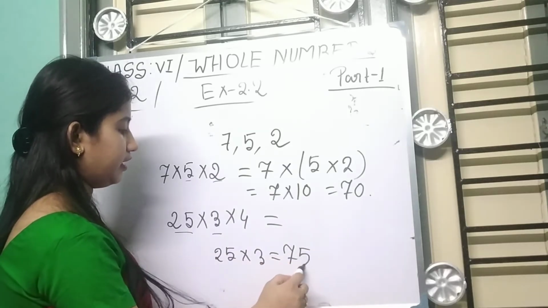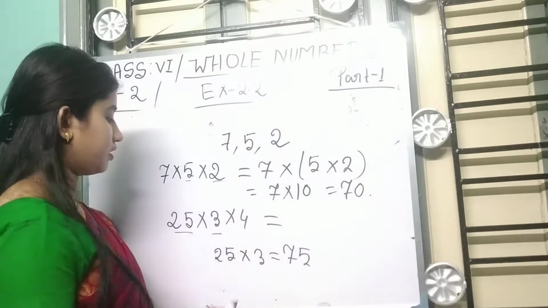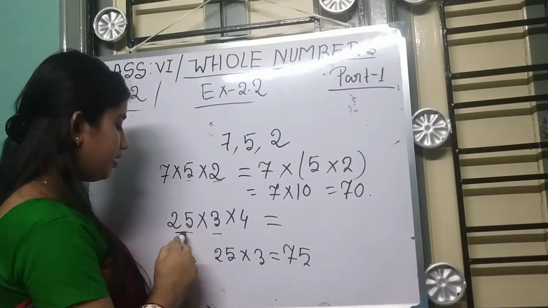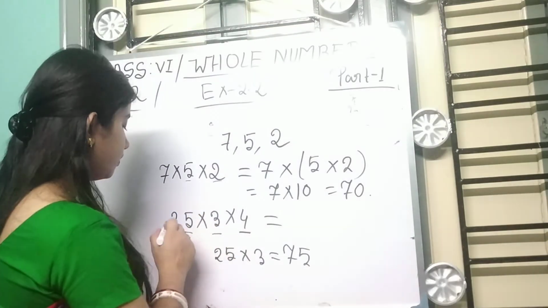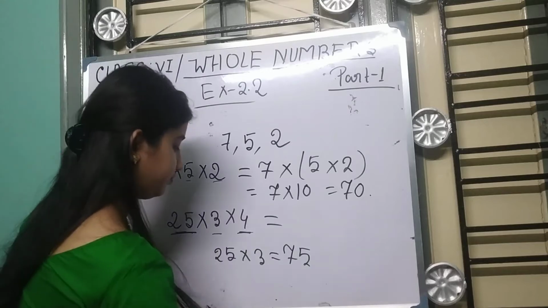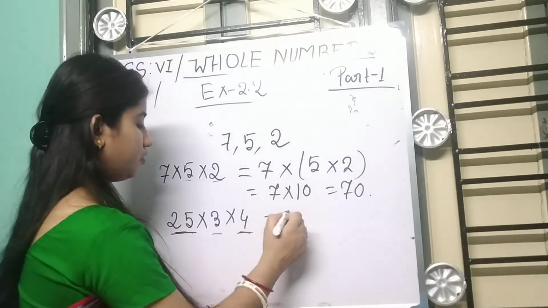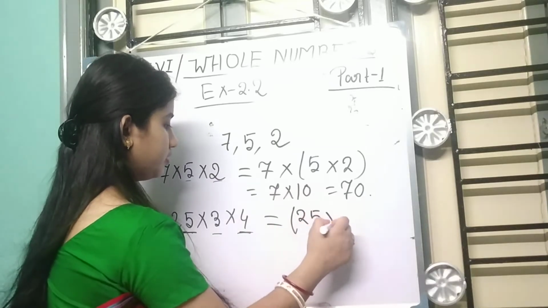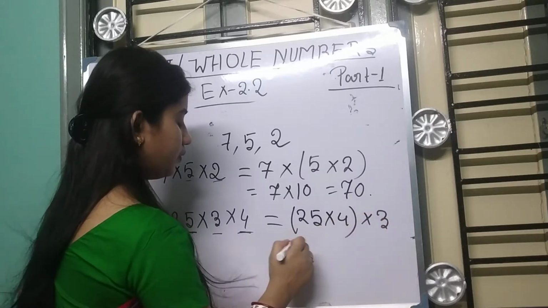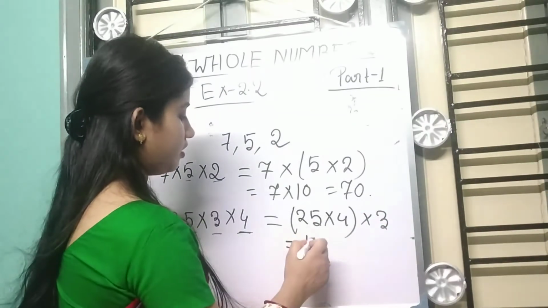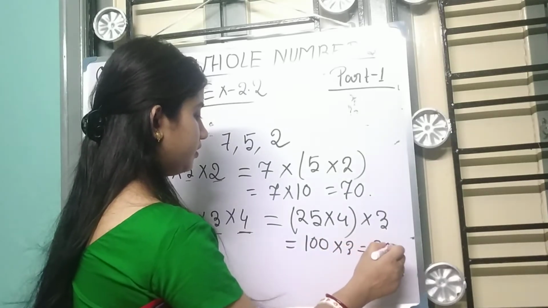Again we do not get 10, 100 or 1000. Now we multiply 25 into 4. 25 into 4 means 100. So we first multiply this, 25 into 4 in the bracket. Next we multiply 3. Now 25 into 4 is 100, and into 3, that means 300.